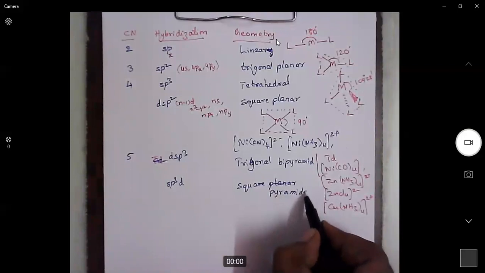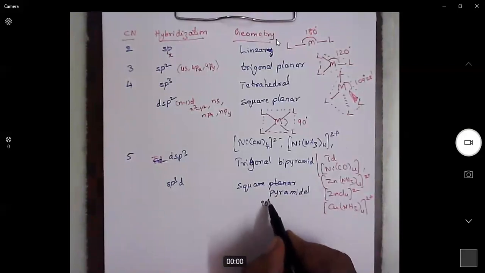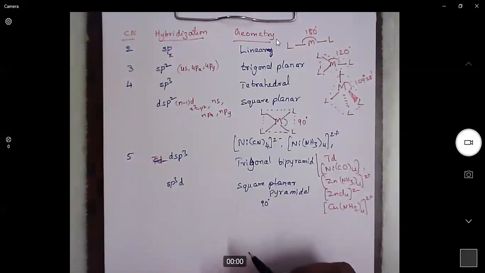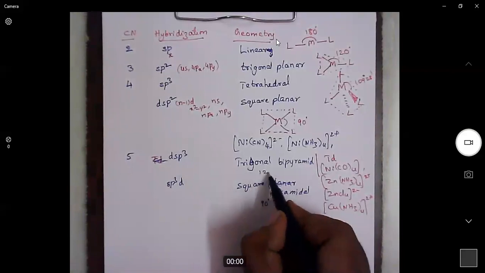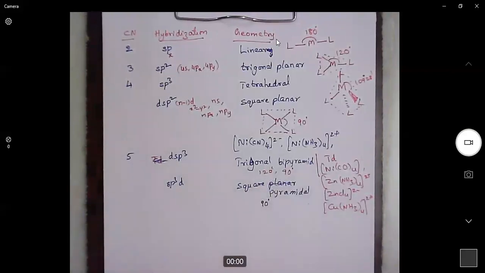In square pyramid, we have all bond angles as 90 degrees, whereas in trigonal bipyramid, in the plane we have 120 degrees bond angle, and out of plane we will have 90 degrees bond angle. I'll draw the structures a little later.